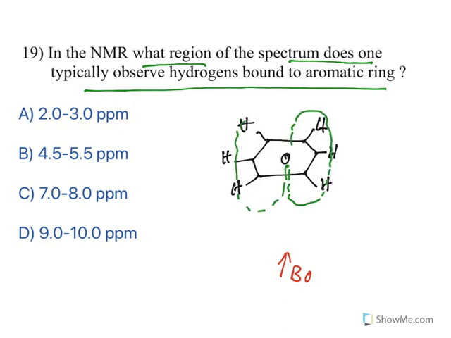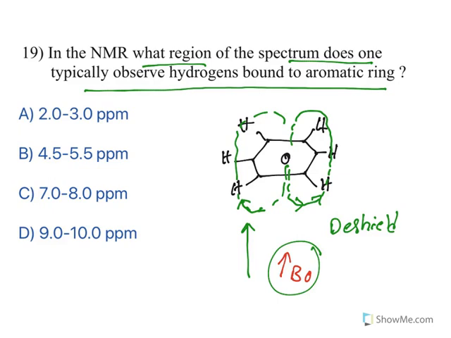Look at them, it is coming like this. So this field is going towards these protons and the external field is in this direction. This is what is called deshielding. So whatever you apply externally, it will be reinforced with local magnetic fields and the proton will see more magnetic field. That is the reason why the signal comes between 7 to 8 ppm. So the option is C.